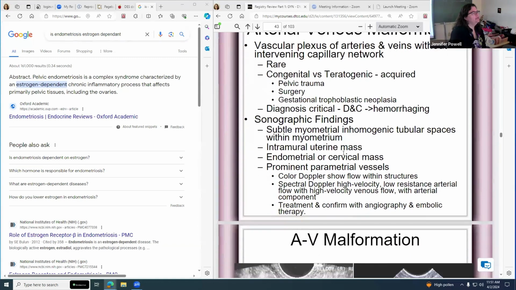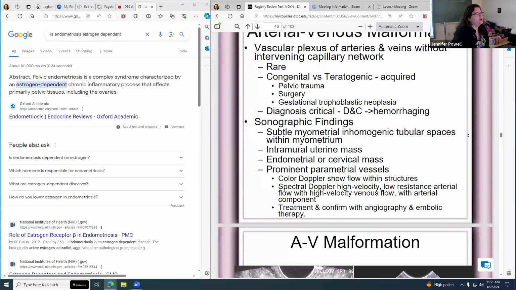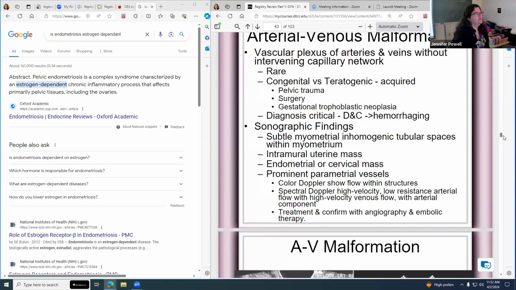Sonographic findings will be subtle myometrial inhomogeneous tubular spaces within the myometrium, intramural uterine mass, endometrial or cervical mass, prominent parametrial vessels. Color Doppler shows flow within the structure. So these are vascular structures, obviously, but they do show flow versus something like a hemangioma, which would not.